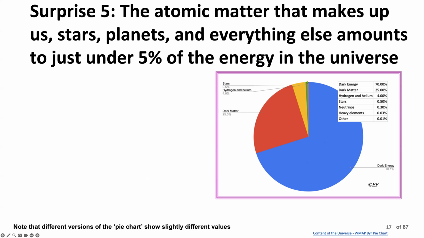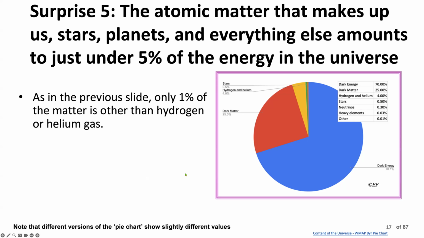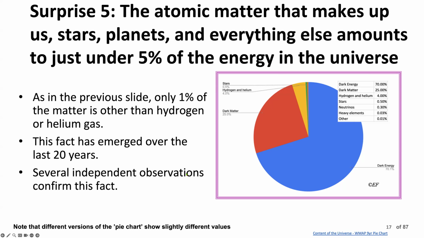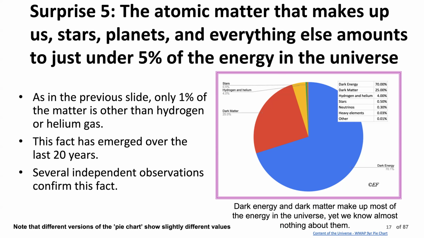And this little green wedge here is the fraction of energy in the universe made up by stars. This whole sector here, that's all atoms, that's 5%. So here's the data supporting that. And that's recent. Recent insights give us this version of the partition of different forms of energy in the universe. And we are a tiny, tiny part.